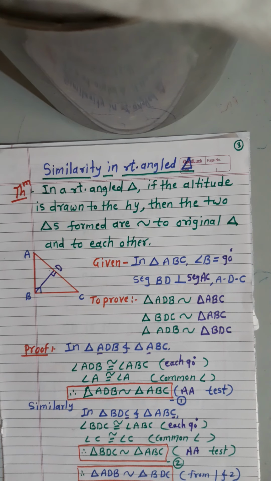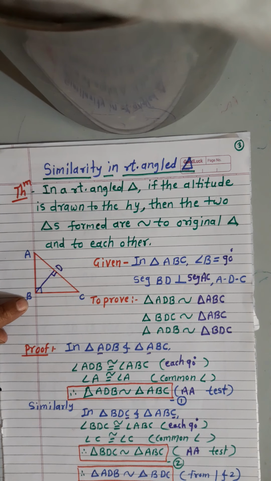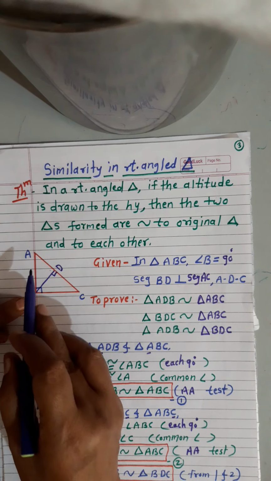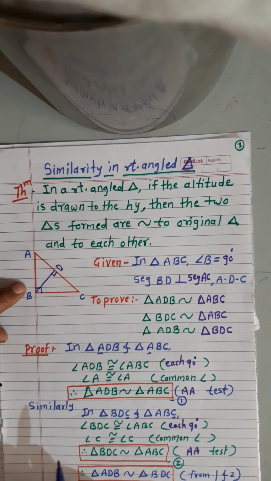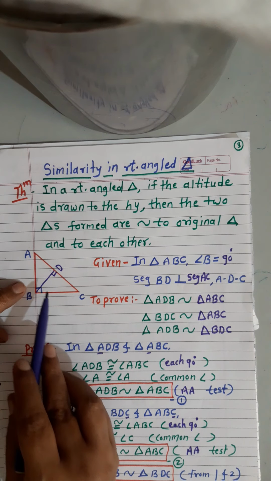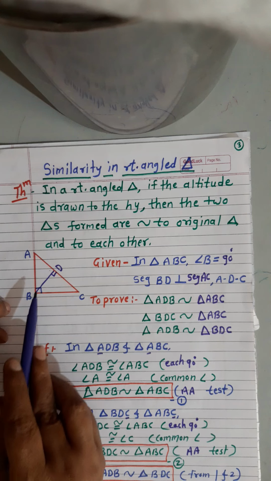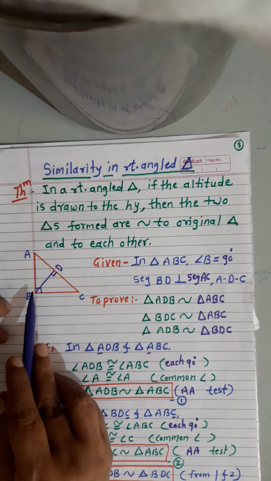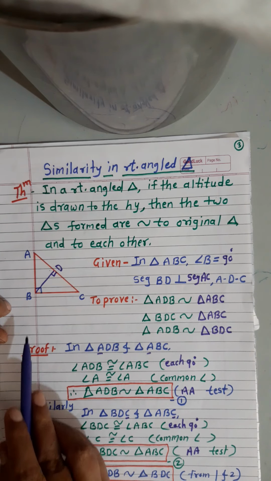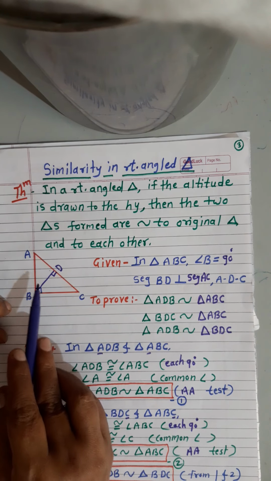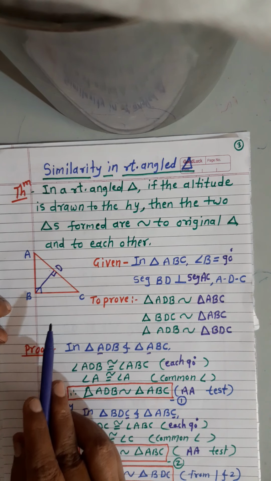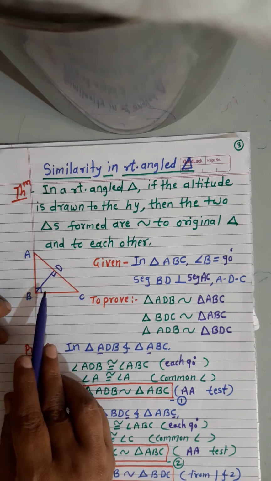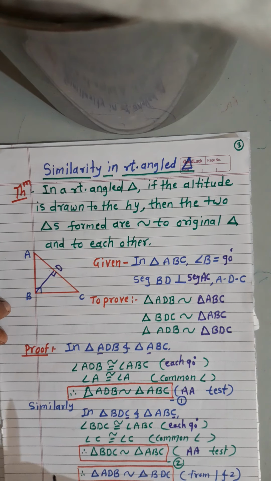That means if triangle ABC is right angled and we draw a perpendicular to the hypotenuse, then these two triangles are similar to triangle ABC and also similar to each other.